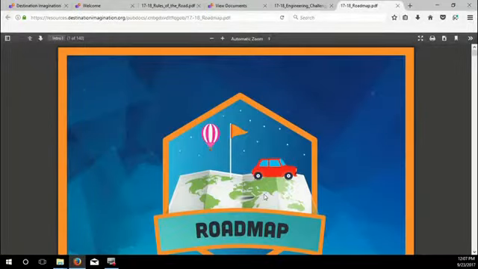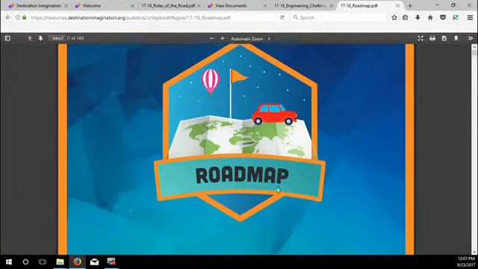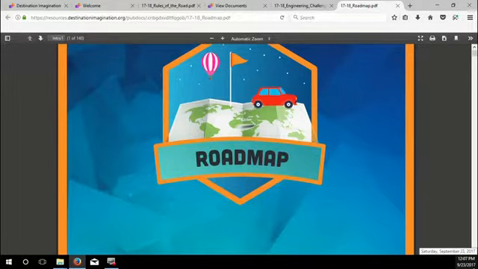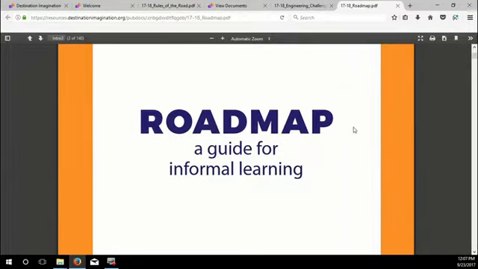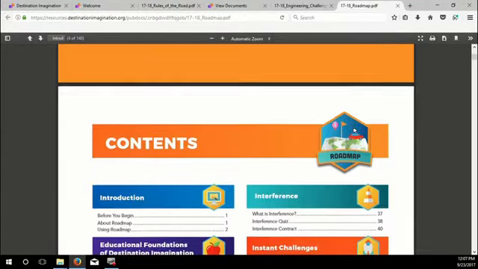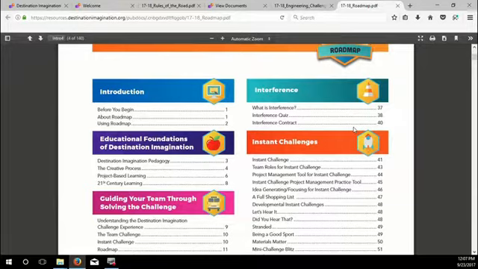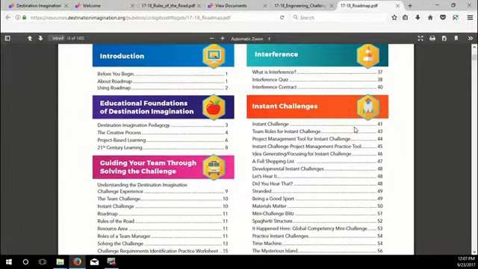Okay, the next document we're going to look at is the Roadmap, and Margaret's going to go over that with you. The roadmap is, as it indicates, how to navigate through the Destination Imagination year. Again, the table of contents will be your guide for where to find the kinds of information that you need.